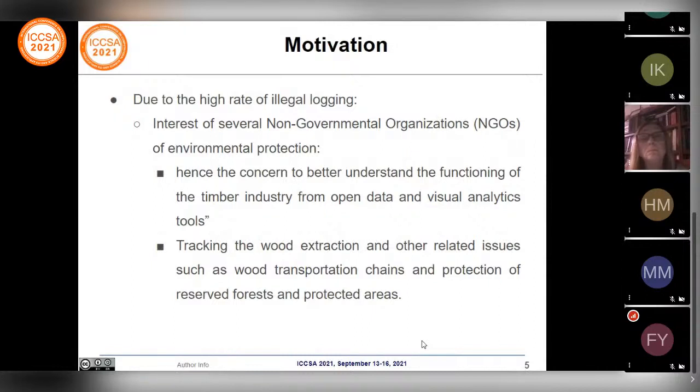Hence, the concern to better understand the functioning of the timber industry from open data and visual analytics tools, tracking the wood extraction and other related issues such as wood transportation, claims, and protection of reserve forests and protected areas.